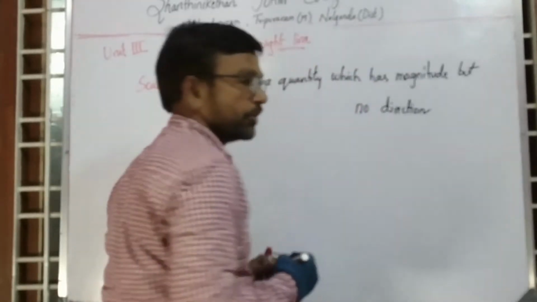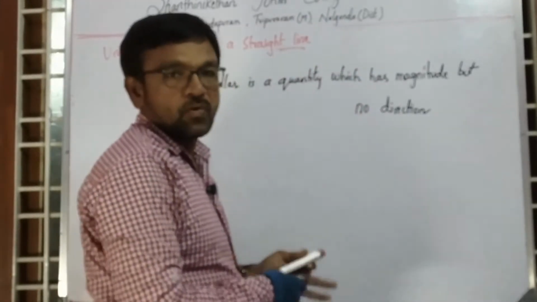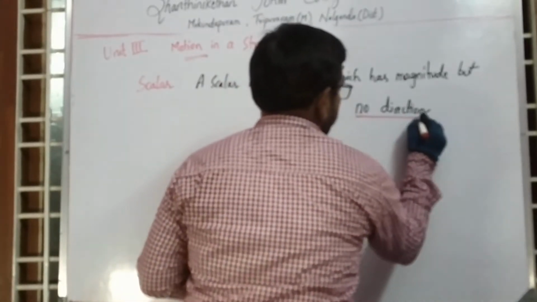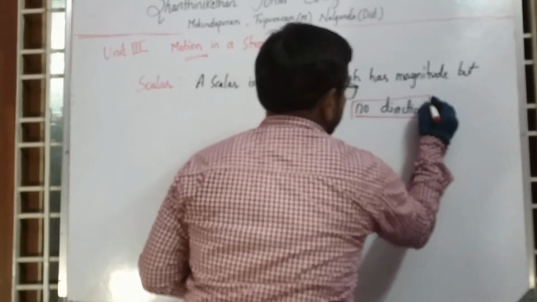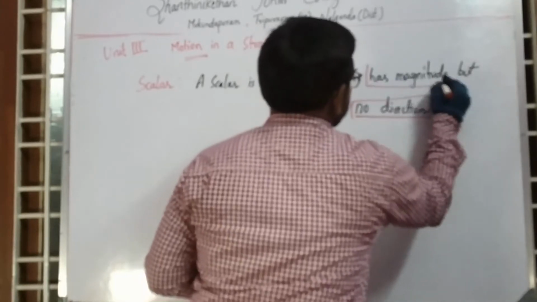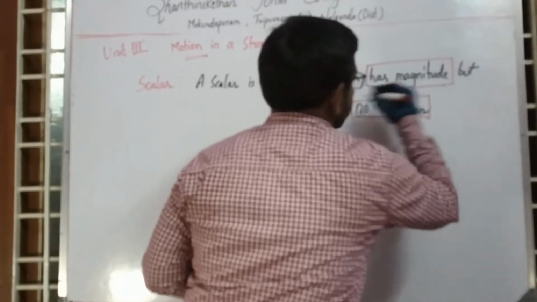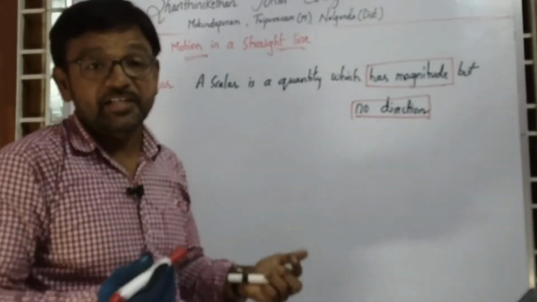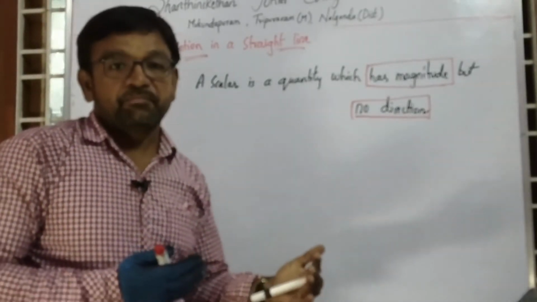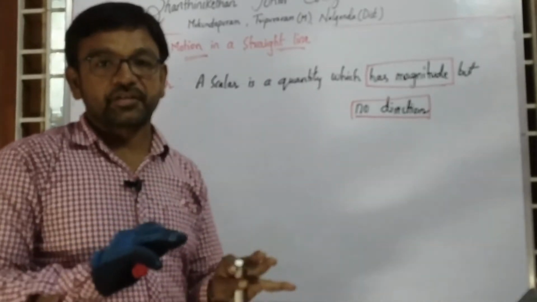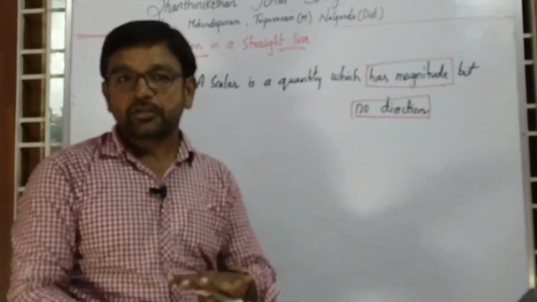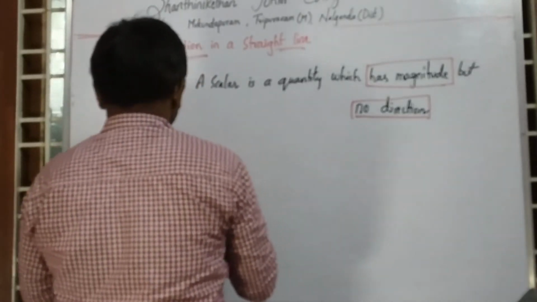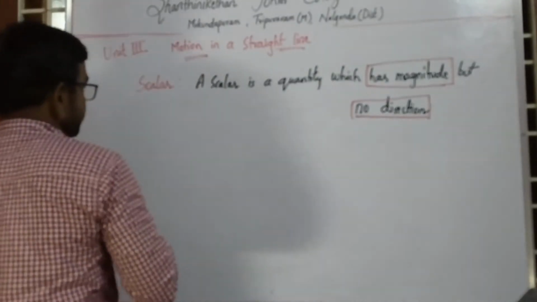Very important. It has some magnitude but no direction. You can tell what a scalar means: has magnitude but no direction. Remember this one. Then let us read about what a vector is.